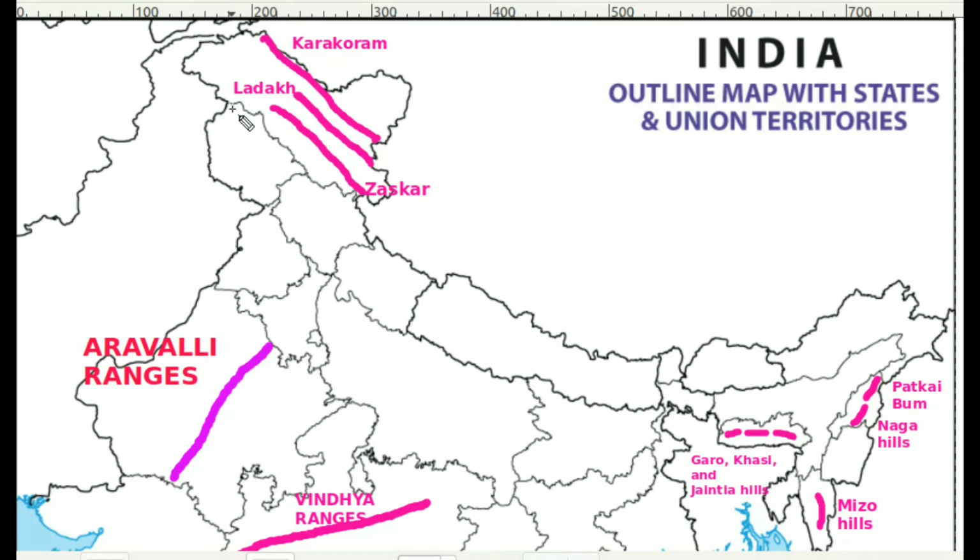Then you can mark the Himalayas. The three ranges of Himalayas are Himadri, Himachal and Sivalik. Now we are going to mark Himadri.